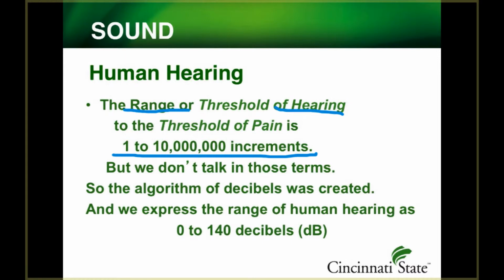And so they've put together an algorithm, and it goes from 0 to 140 decibels. Again, we talk about things in dB, decibels. And the range of human hearing from nothing on up to the threshold of pain is 140.